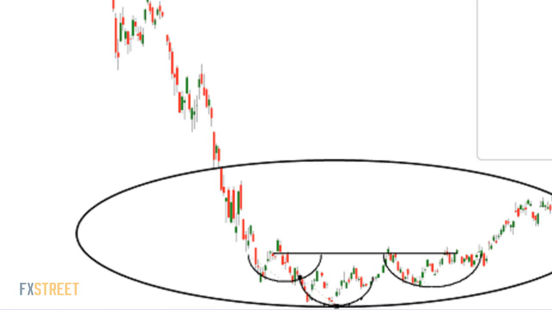I don't, but that doesn't mean you shouldn't. It could matter. What Carlos is saying, look inside the pattern and look at the strength of the moves in one direction and the strength of the moves in the other direction.